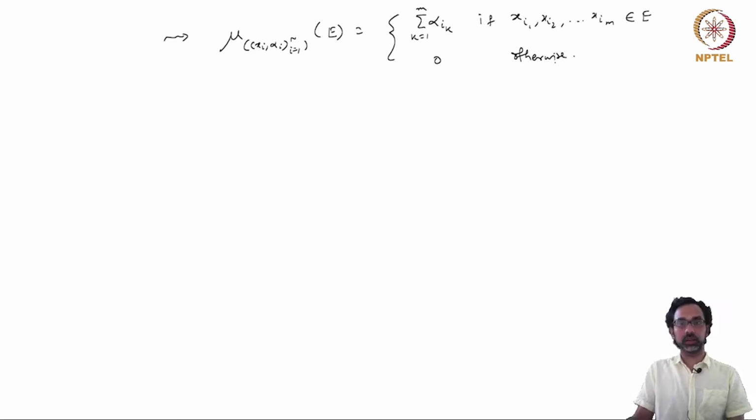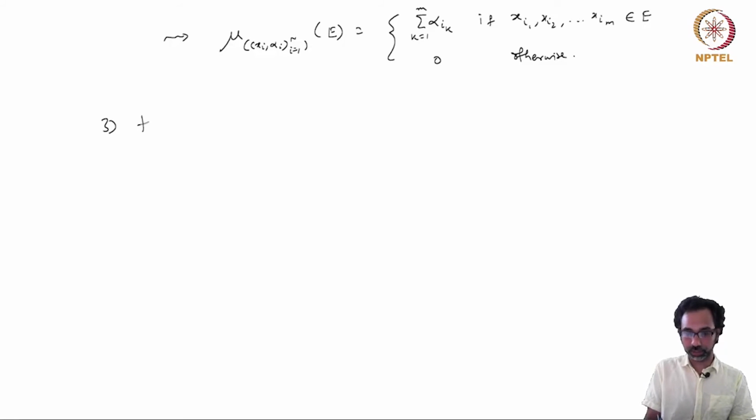So the maximal set of points that belong to E will contribute to this measure, but it will be 0 otherwise. So it's a generalization of the Dirac measure, and you can construct this using the Riesz representation theorem.